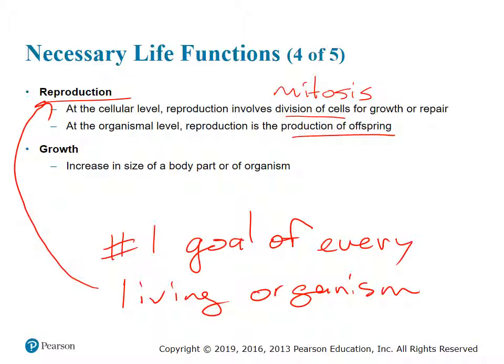I like to say that because there's always a subset of, you have to make an addendum to it because that doesn't include any type of ethics or morals or anything like that. It's just talking about pure biology, right? The goal of every living organism is to reproduce, bottom line.